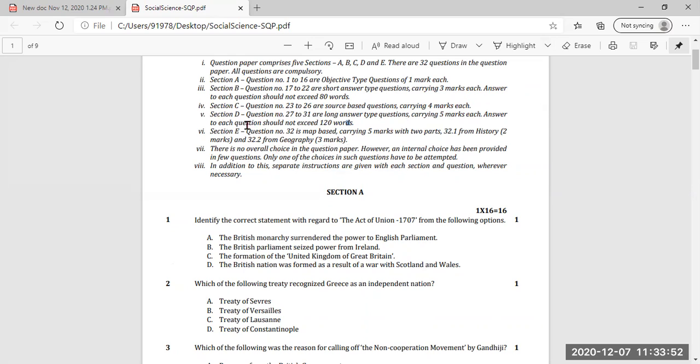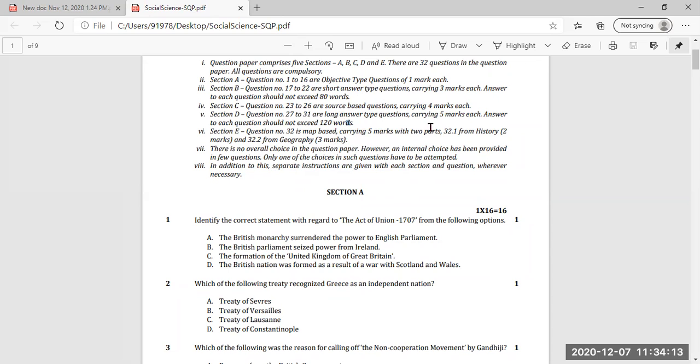Then section C, question number 23 to 26, are source based questions. Now this is new: section C will now include source based questions, meaning paragraphs from different sources will be given to you.